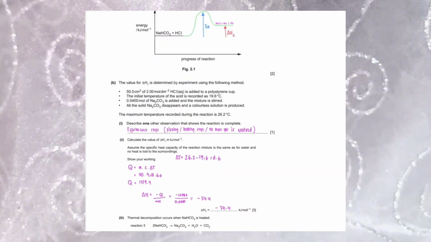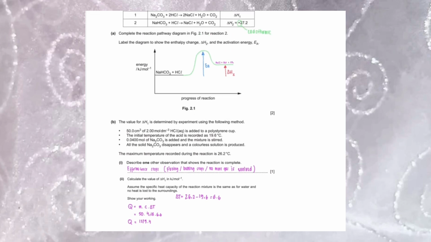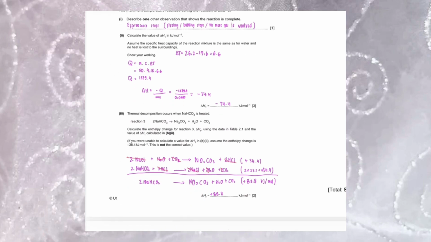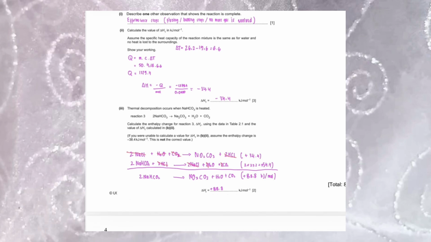In the first reaction, Na2CO3 was a reactant, but in the way of solving the problem, Na2CO3 becomes a product. So we also change the sign of the enthalpy change. The enthalpy change becomes negative, not positive anymore.